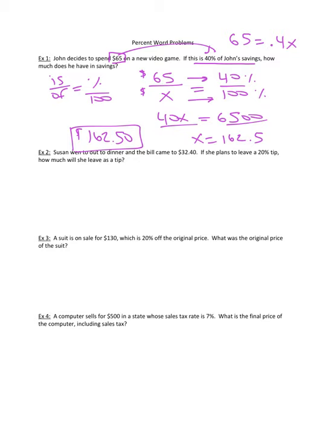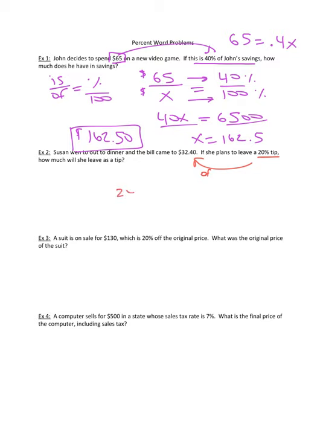Example 2. Susan went out to dinner and the bill came to $32.40. If she plans to leave a 20% tip, how much will she leave as a tip? So she wants to leave 20% of the $32.40, which is the total of her meal.